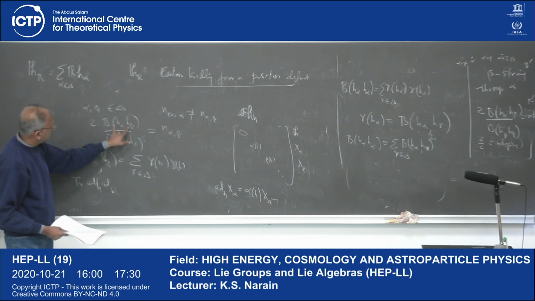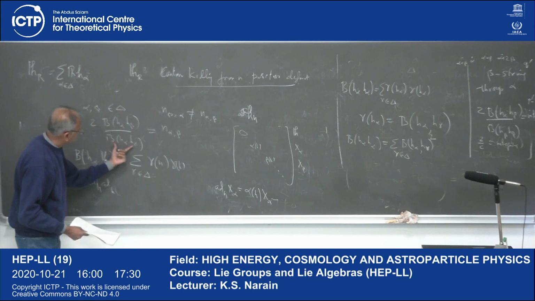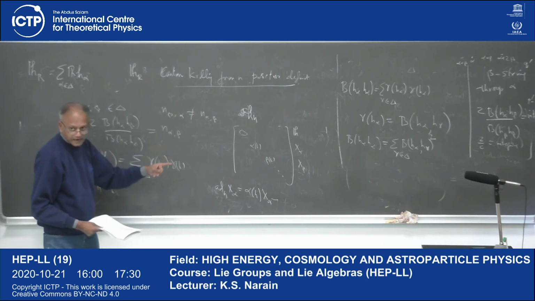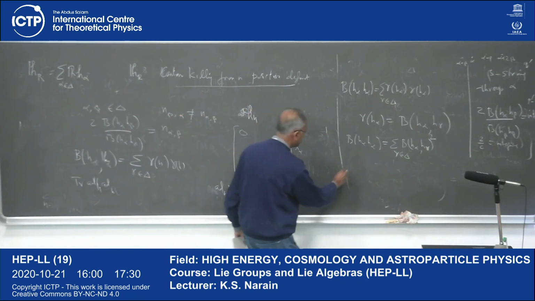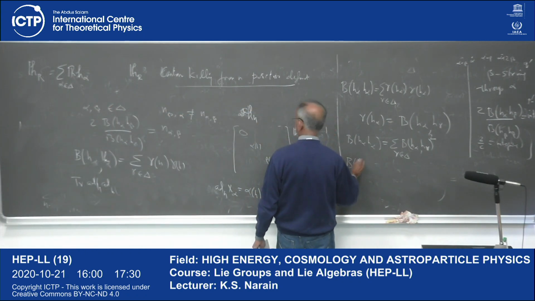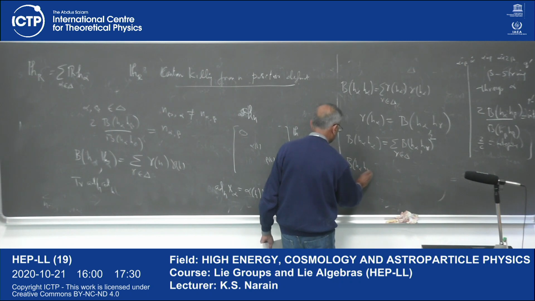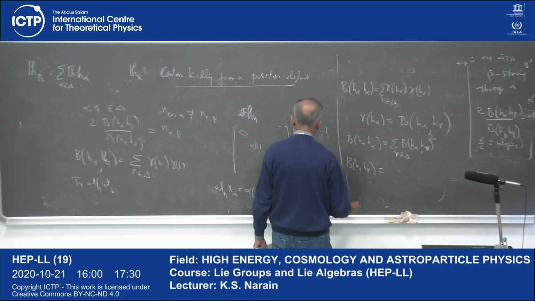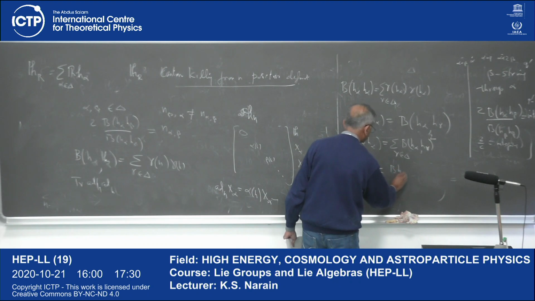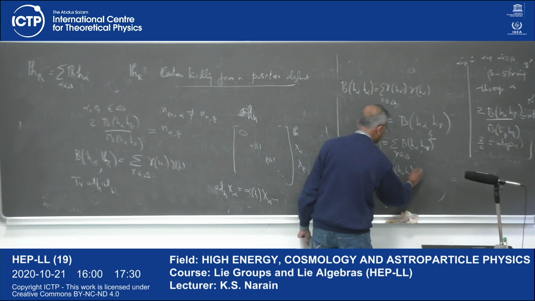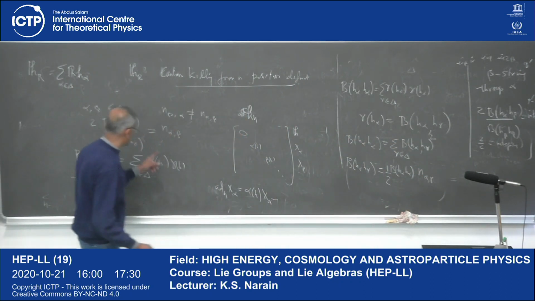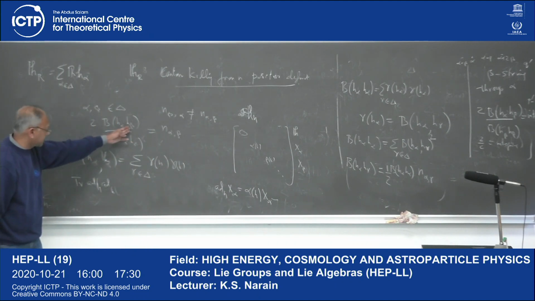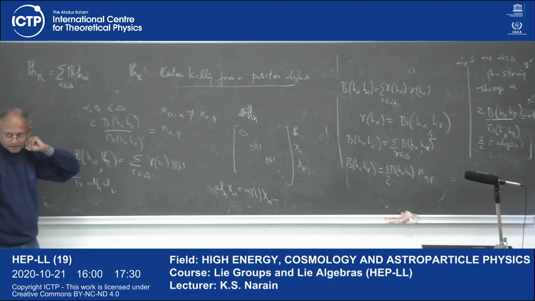So B(h alpha, h gamma) is 1/2 of B(h alpha, h alpha) times n alpha gamma. Just substitute beta equal to gamma in that formula.